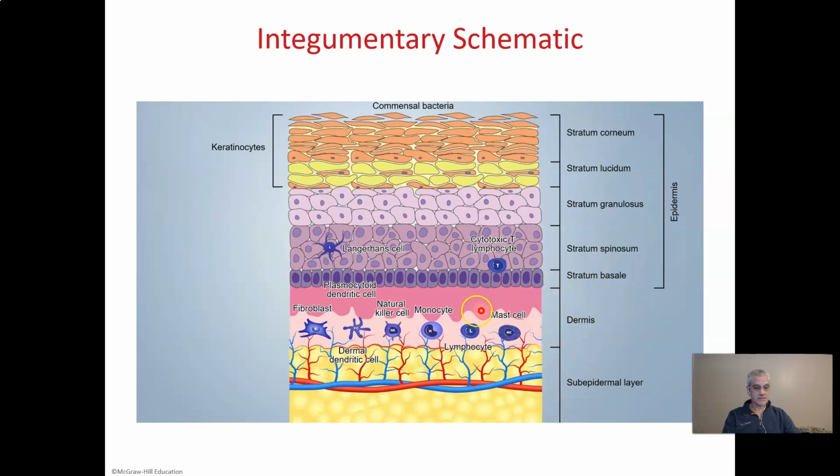The dermis has 2 layers. Here's one layer up right underneath the basement membrane of the epidermis. And then below that is another layer made of more of an areolar connective tissue. Areolar connective tissue is a lighter, more frilly, easier for things to get through layer, if you will. And then below that, of course, is the subdermal layer, or the hypodermis.